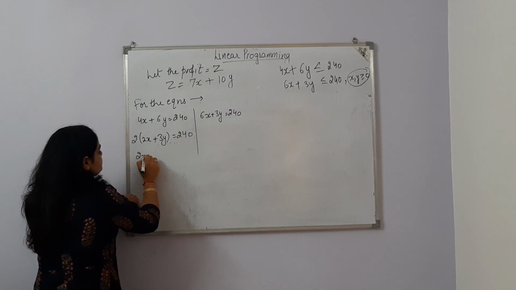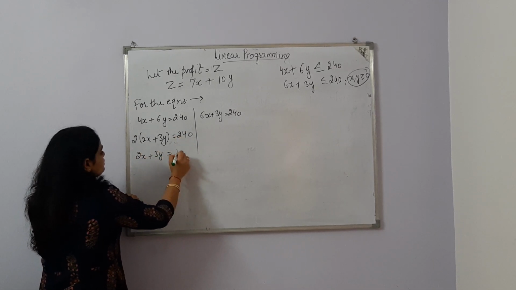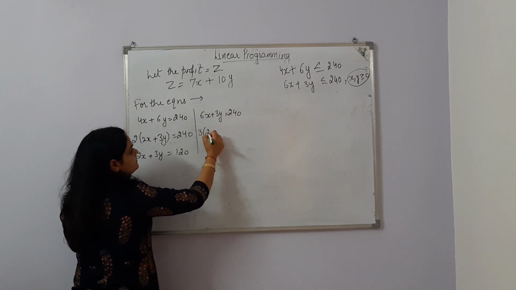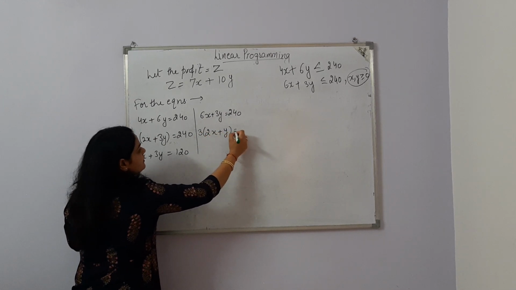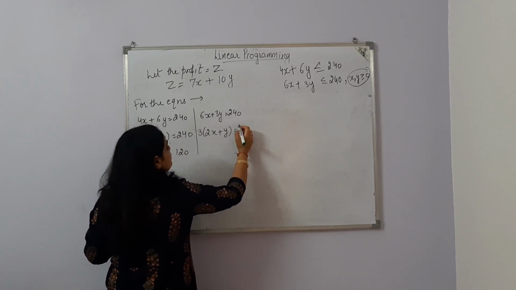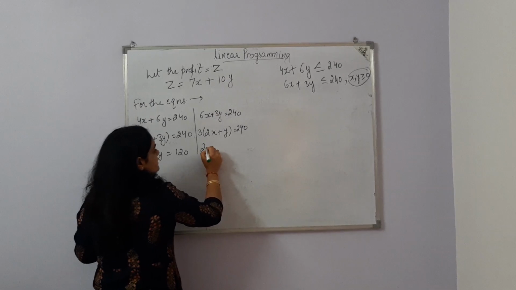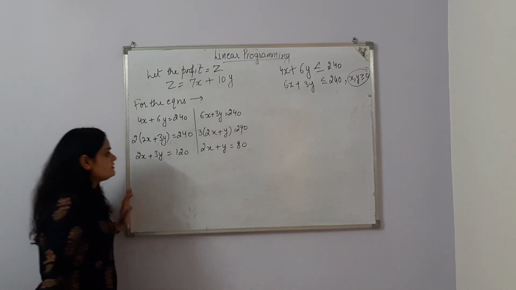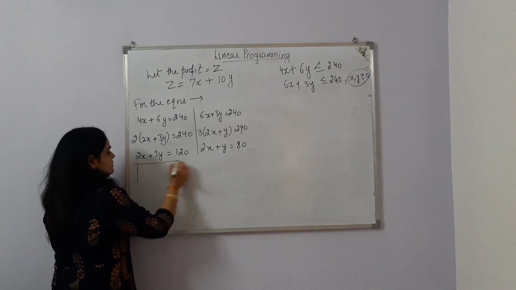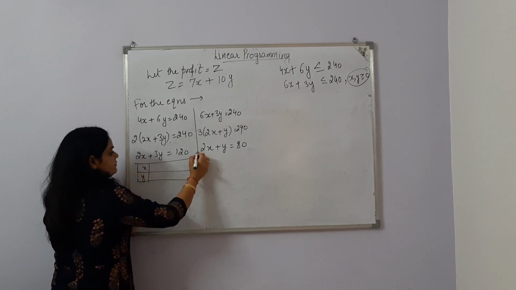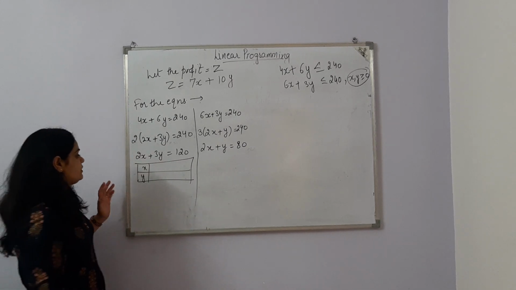It is 2x plus 3y equals 120, and in the second, we can take 3 as common. It's 2x plus y equals 80. Now we need to calculate 2 points of x and y for each line.